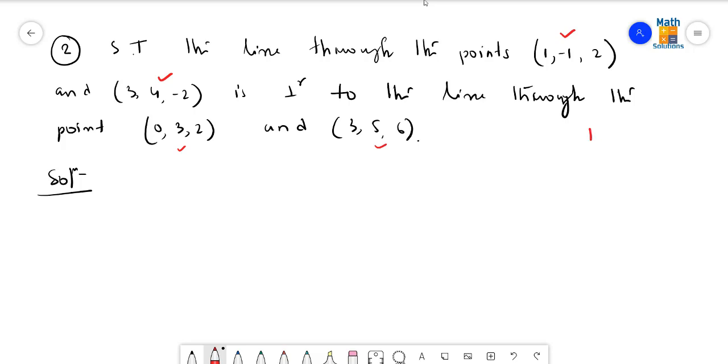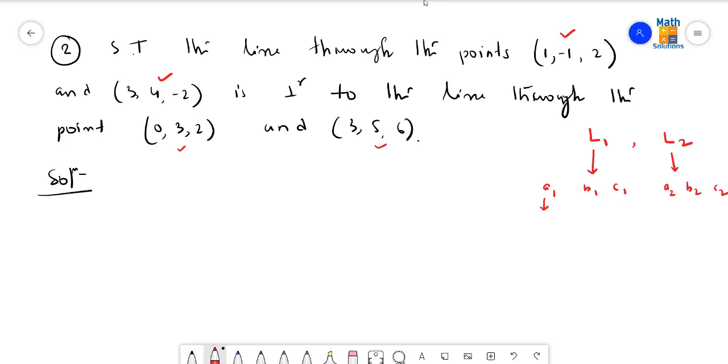If I consider the first line to be L1 and the second line to be L2, their direction ratios, for the first one the direction ratios could be A1, B1, C1, and for the second one this could be A2, B2, C2. Then A1, the first direction ratio of the first line, can be obtained using the formula x coordinate of the second point minus the x coordinate of the first point.